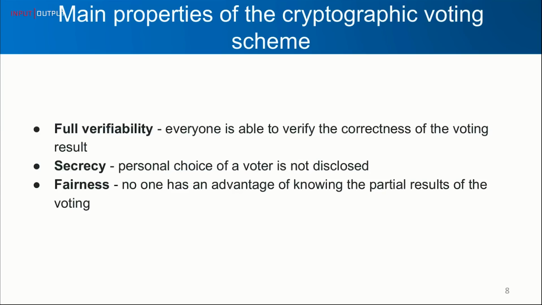So it becomes impossible to manipulate the final voting result, even if more than half of the committee members are corrupted. And fairness is a property where no one has the advantage of knowing partial results of voting. It holds because a voting result is decrypted only when the voting is finished.